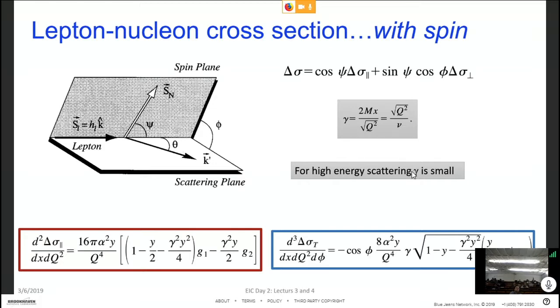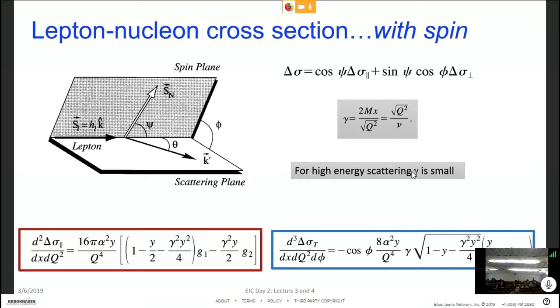So the total cross-section difference can now be calculated if you just do the simple geometric projections as cosine phi delta sigma parallel. Parallel means that the orientation of the lepton and the proton spin is along and against, whereas plus sine phi delta sigma perpendicular, when you take the projection on the x-axis, on the y-axis.